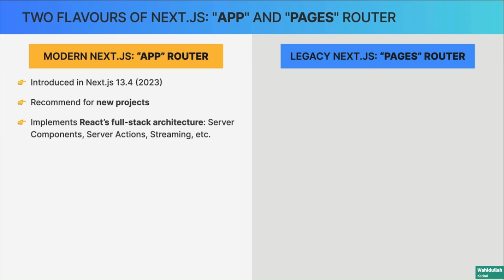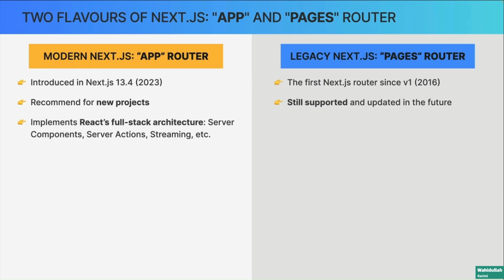So that pages router is the legacy router that we've been using since version 1 of Next.js, so all the way back in 2016. Now, even though it's the legacy router and is no longer recommended for new projects, it will still be actively maintained in the future and might even get some updates.